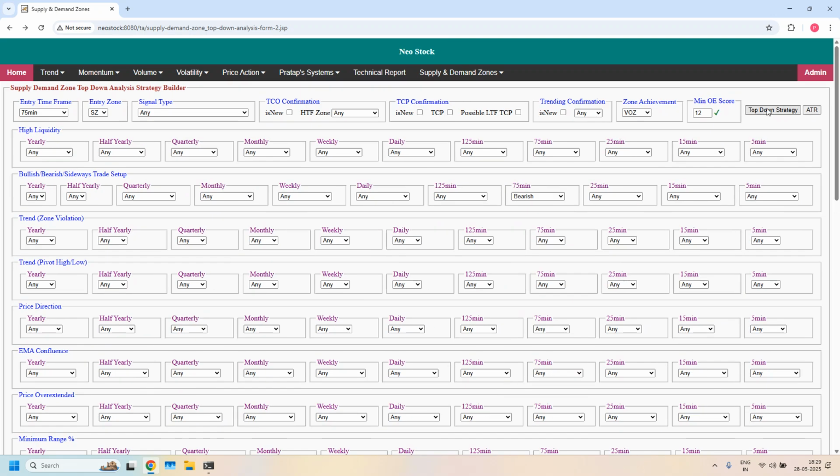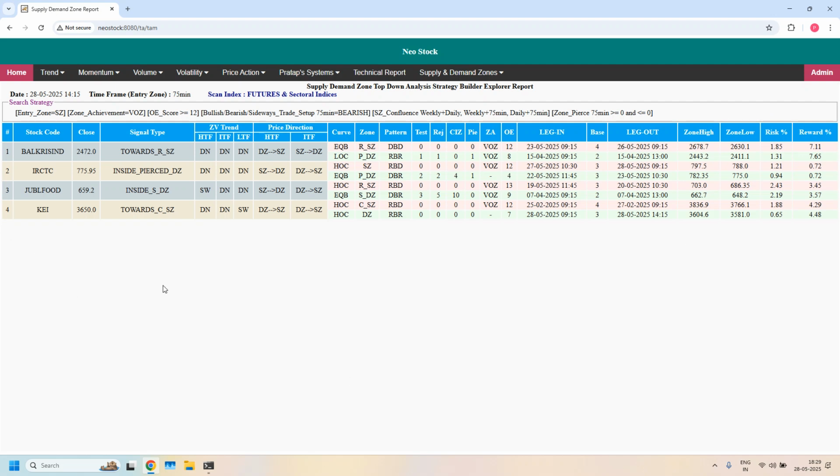With all the 3 filters, we got 4 stocks. In these 4 stocks, the 75 minute supply zones are overlapped with the daily supply zone, both together again overlapped with the weekly supply zone. And the weekly trend is down in all the stocks except the third one. So ignore the third one.